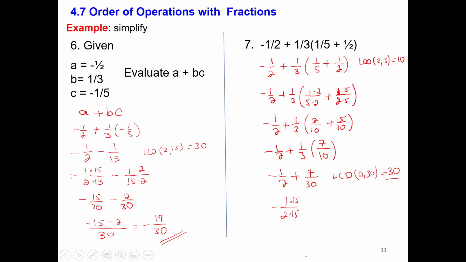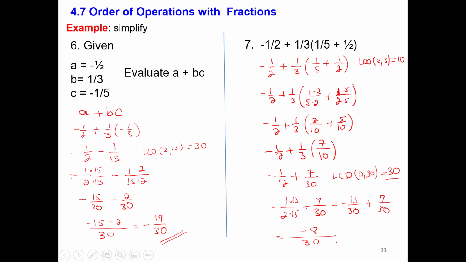In the second case, we don't need to do anything because we already have 30 as the denominator. 1 times 15 is 15, so negative 15 over 30 plus 7 over 30. Now we have a common denominator, so we keep it. Negative 15 plus 7 is negative 8.